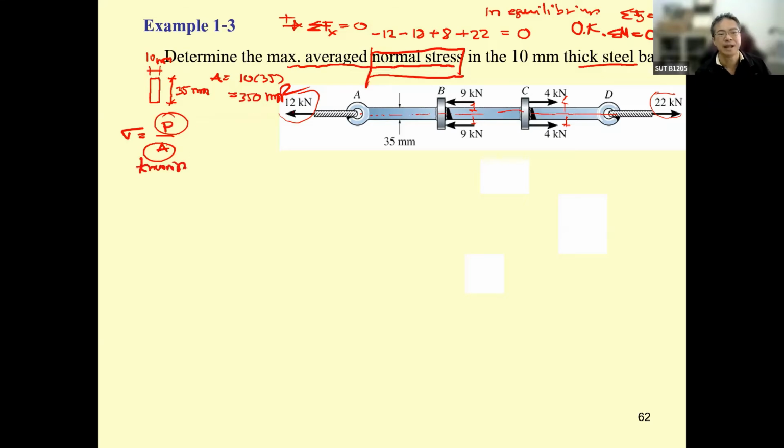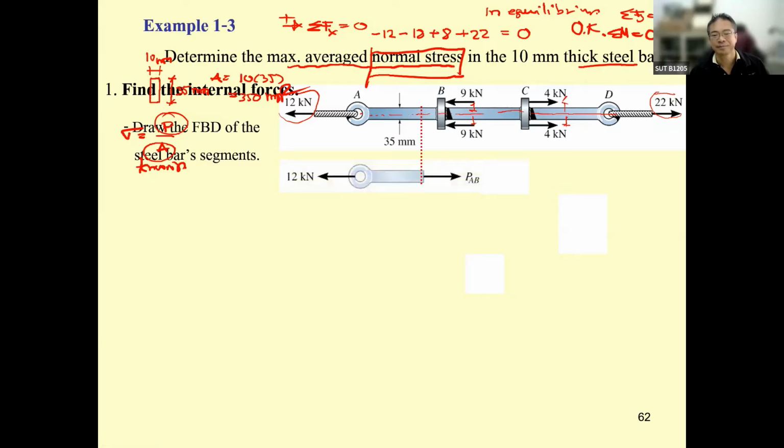Okay, so the P, you have to calculate by using the free body diagram. You cut this one. Okay, this is going to be P sub AB. AB is the symbol for the portion of the bar between point A and point B.